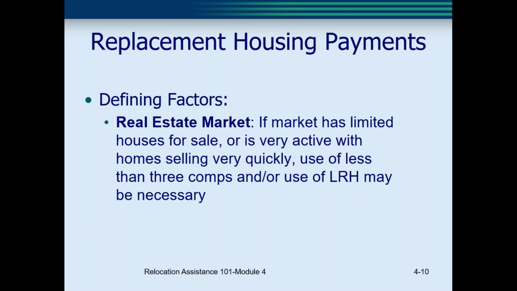There must be documentation to support the market conditions. A blanket statement by a relocation agent that the market is limited or very fast moving is not sufficient. The documentation must be specific and complete for the specific real estate market.